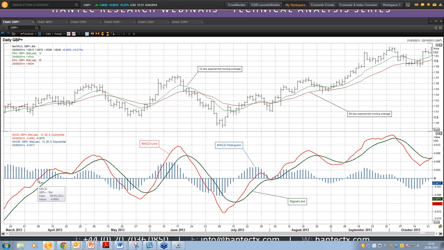So once you've moved up above that neutral line and you're moving into positive territory, that is a signal that momentum is beginning to gather in a positive fashion. I think a confirmation of that is when the signal line also moves above positive, because it's a lagging indicator, and it is basically a confirmation tool.